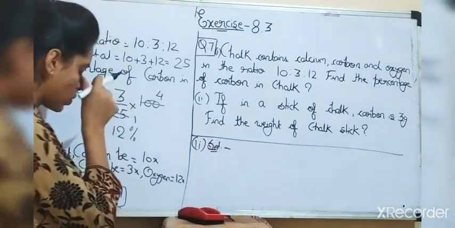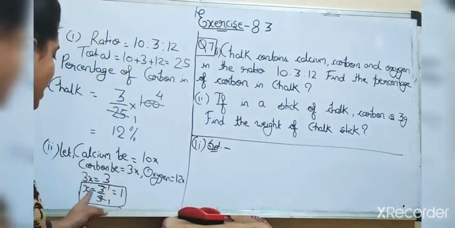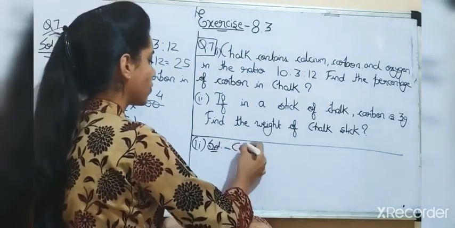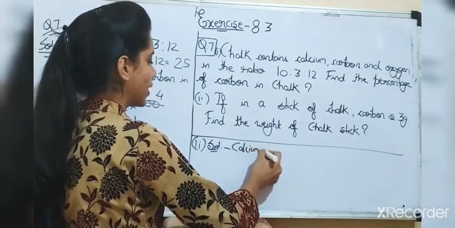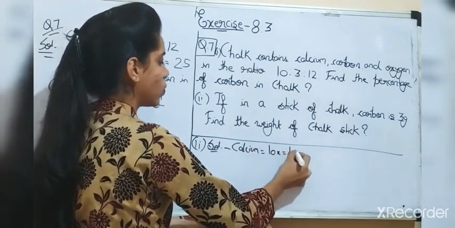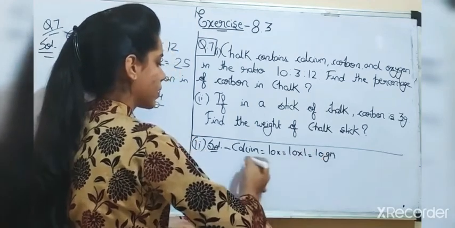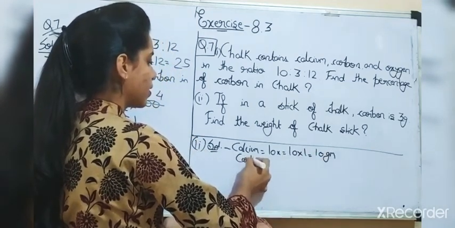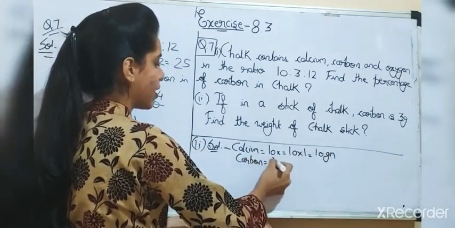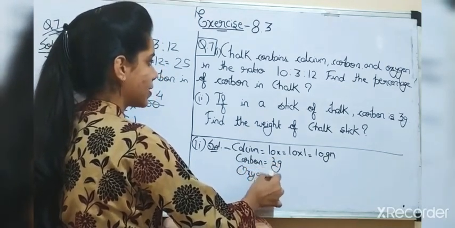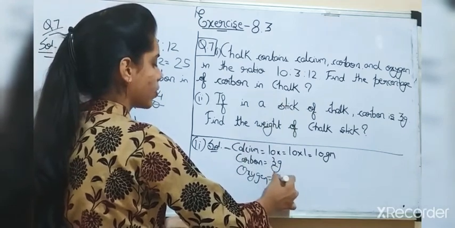Okay. So the weight, value of x is 1. So calcium will be 10x, means 10 into 1, means 10 gram. Carbon is already given 3 gram, and oxygen is 12x.